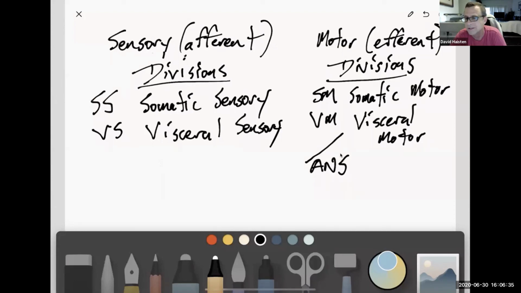But us, no. Or you can recall a really scary event and your heart starts beating fast and other visceral motor responses kick in. So your autonomic nervous system is the visceral motor. You could think of it as the involuntary nervous system division.